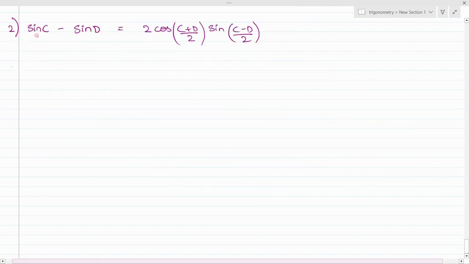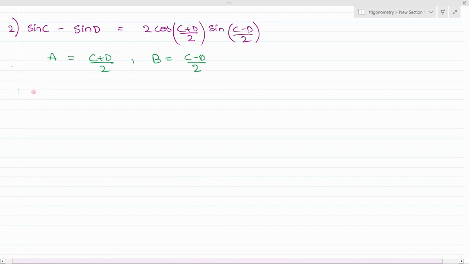The second formula is sin C minus sin D, which is nothing but 2 cos C plus D by 2 into sin C minus D by 2. Just now we have seen how to write the values of A and B in terms of C and D: A is C plus D by 2 and B is C minus D by 2.